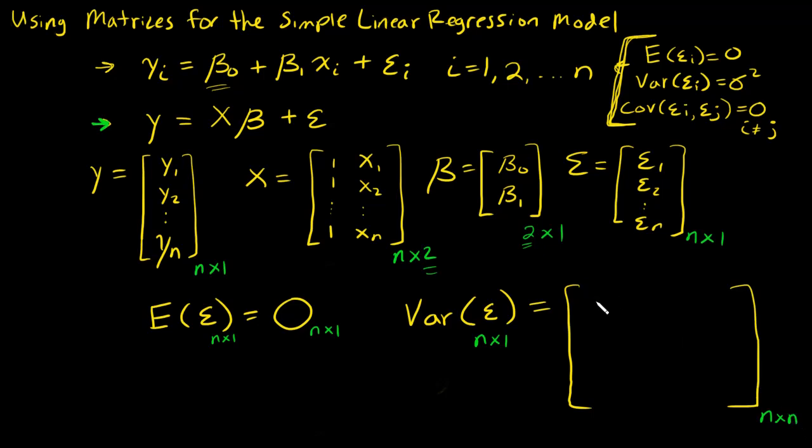On the diagonals are the variances: the variance of the first epsilon, the variance of the second epsilon, all the way down to the variance of the nth epsilon. And on the off diagonals you have the covariances, between the first and second, between the second and first, which is the same. They're all zeros on the off diagonals.